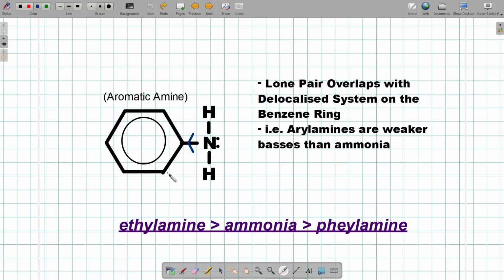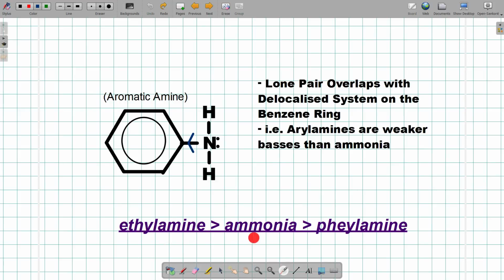This will be an aryl group. So there's no inductive effect, and it's the opposite really, but don't say that. The lone pair of electrons is pulled towards the benzene ring because of the electron density here. It overlaps, and so it actually takes away from the negative charge, and so it's less of a base. It's not as strong a base because it can't attract protons as readily.